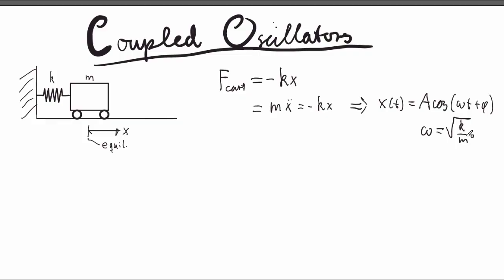So this we know very well, of course. And simple as this is, it describes many systems quite well, ranging from molecules to elementary particles and to, of course, carts attached to springs.